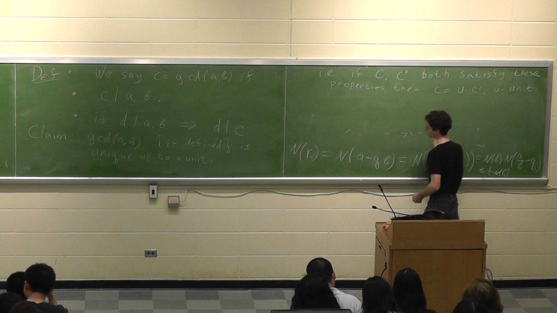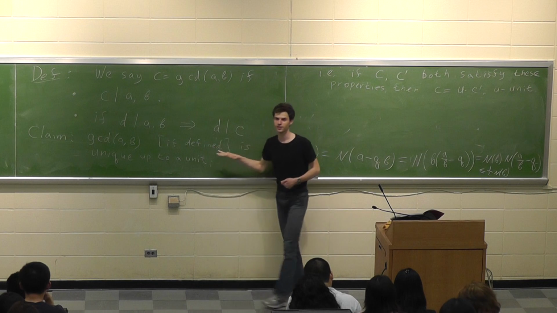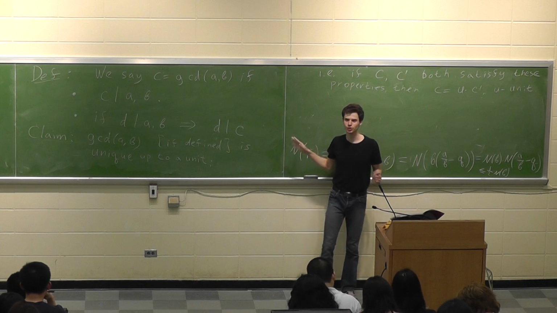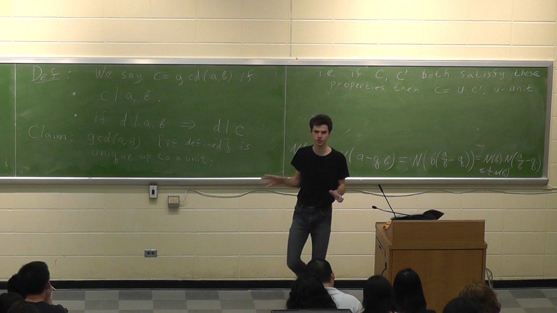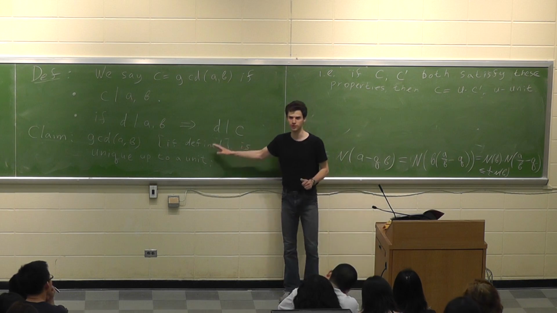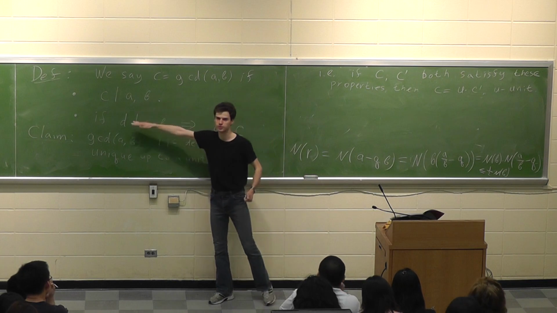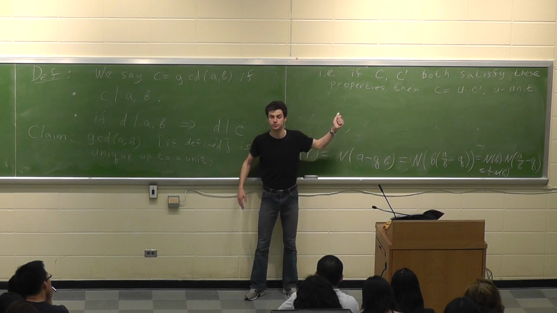So in this claim, I'm saying the GCD is defined. Sometimes in certain kinds of integers, even this notion of greatest common divisor of two integers just is not defined. But every time it is actually defined, every time you can find a number with these two properties, it is essentially unique, up to multiplication by a unit.